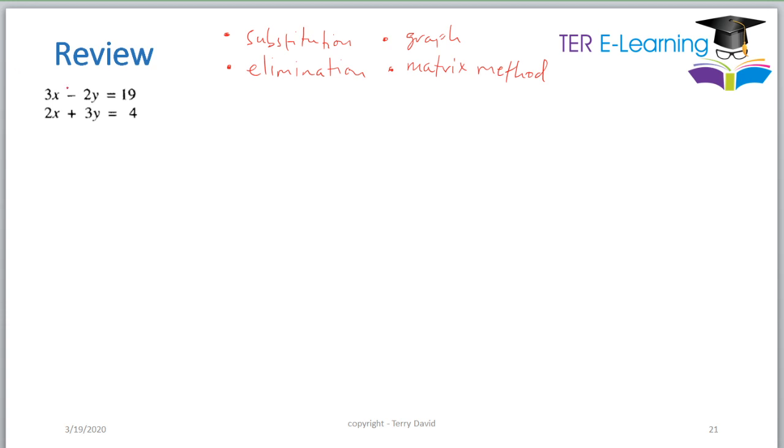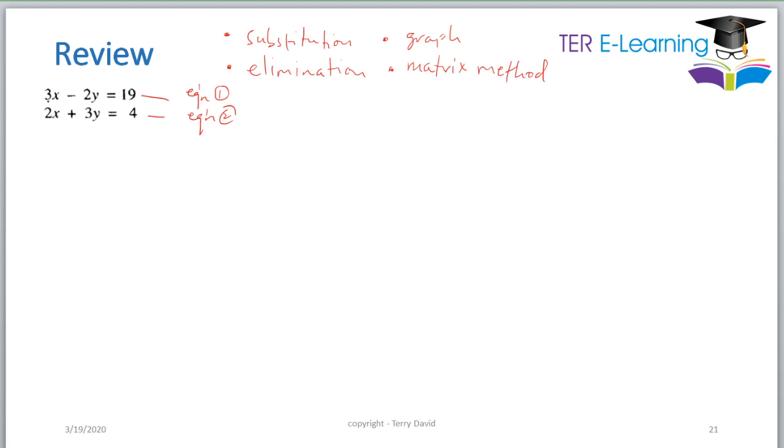Now, for this particular one here, I'm going to use elimination. So I'm going to call this equation 1, and I'm going to call this equation 2. So I have 2 equations here. Now, in order to use elimination, remember the equations for this particular one are in terms of x and y. So we must either eliminate y or eliminate x.